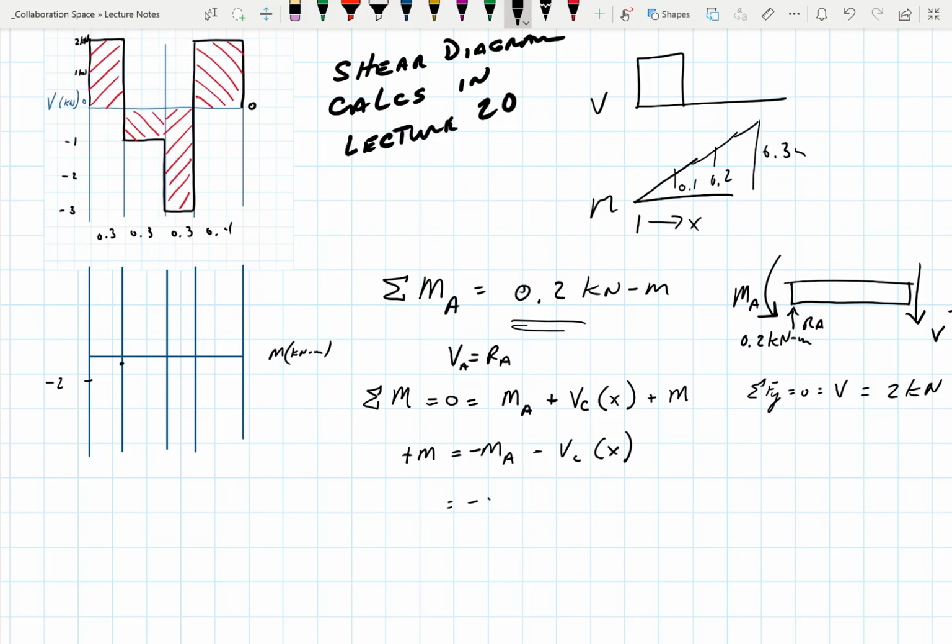So negative 0.2 kilonewton meters that start there, minus, this is minus up here, so that's a plus here, plus 3 kilonewtons times the 0.3 meters. What do we got for a value there?